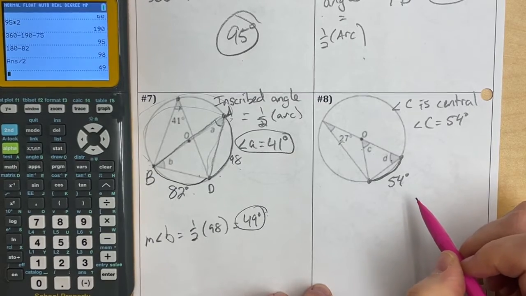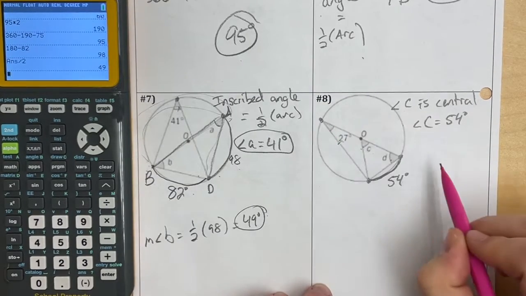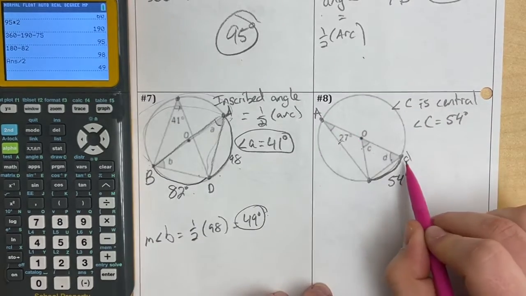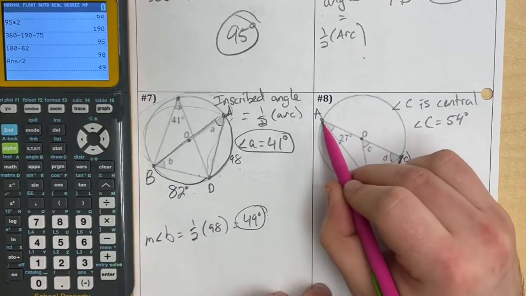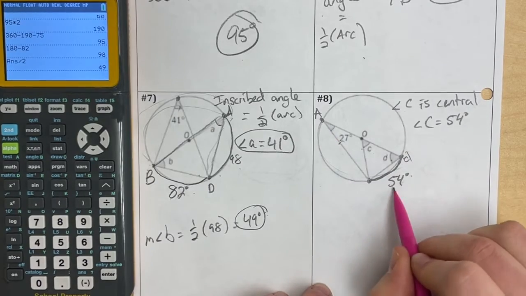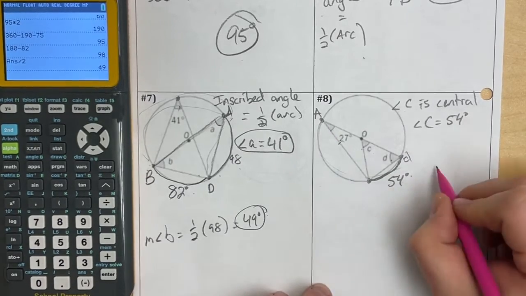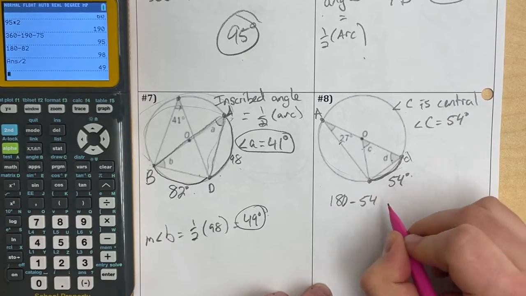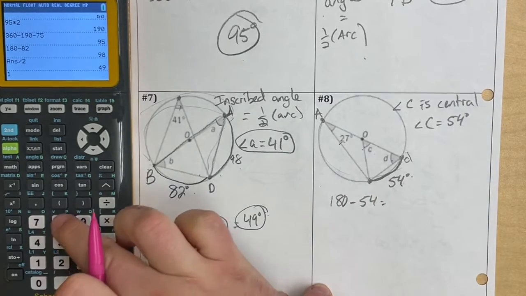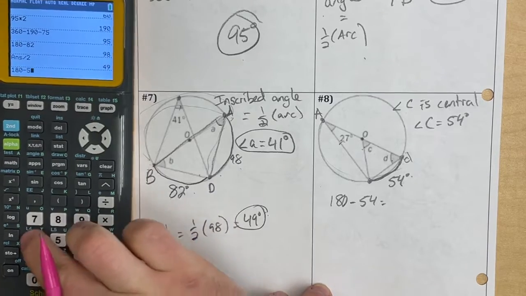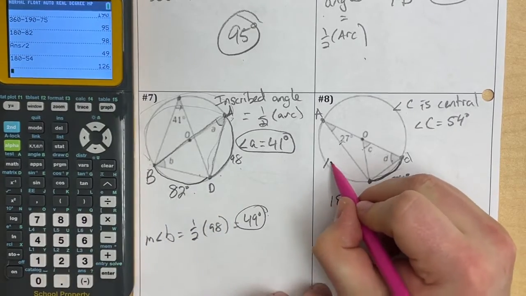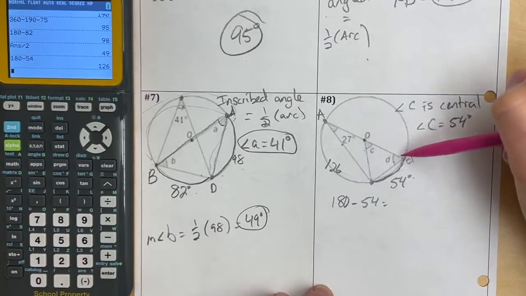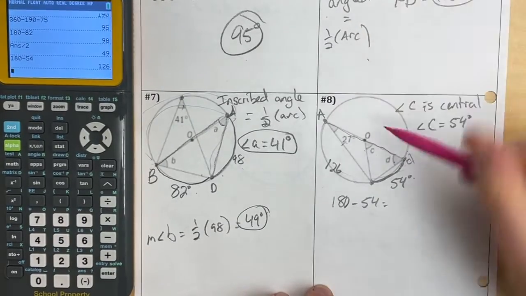And then we can say that if we have from this point D to point A is 180 degrees, we can take 180 minus 54, and that will give us the arc right here. So this is 126. That means that I can use that for my inscribed angle.